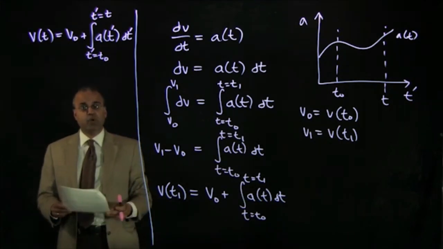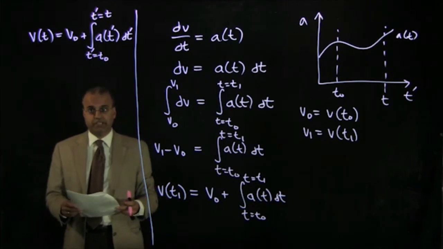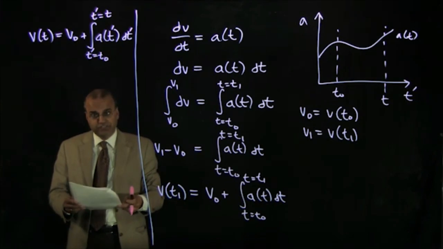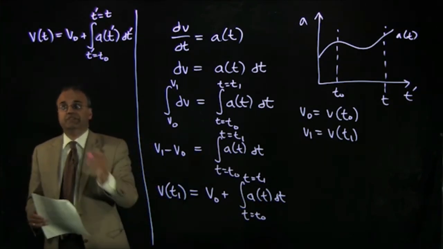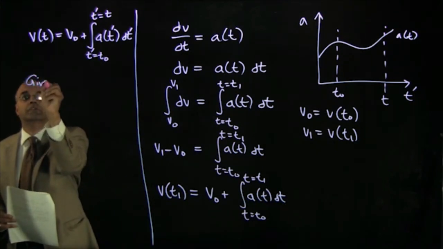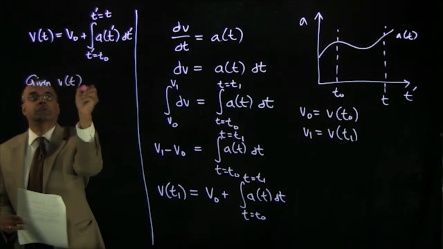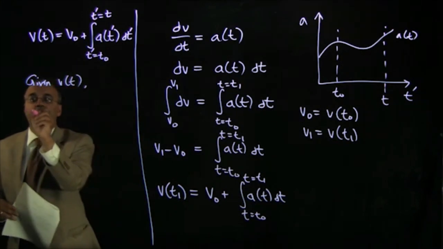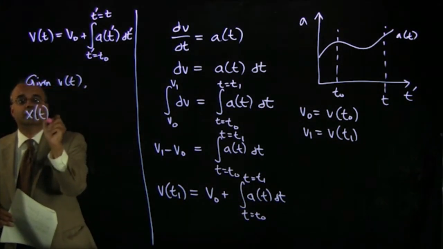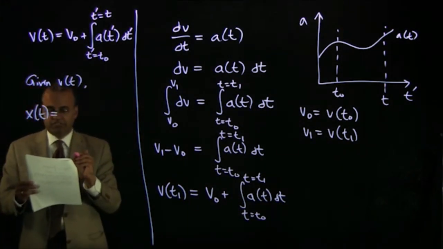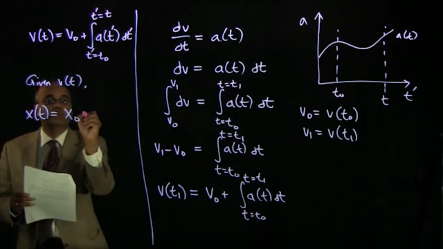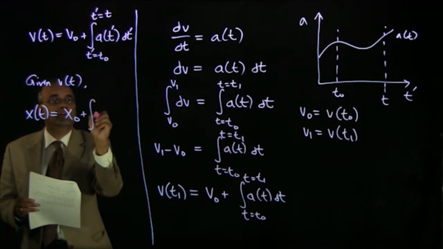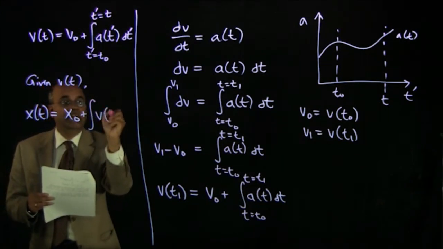So now in just the same way that we've obtained the velocity by integrating the acceleration, we can integrate again. We can integrate the velocity to calculate the position. So given v of t, we can show that the position at time t is equal to the position at time t naught plus the integral of the velocity as a function of time.